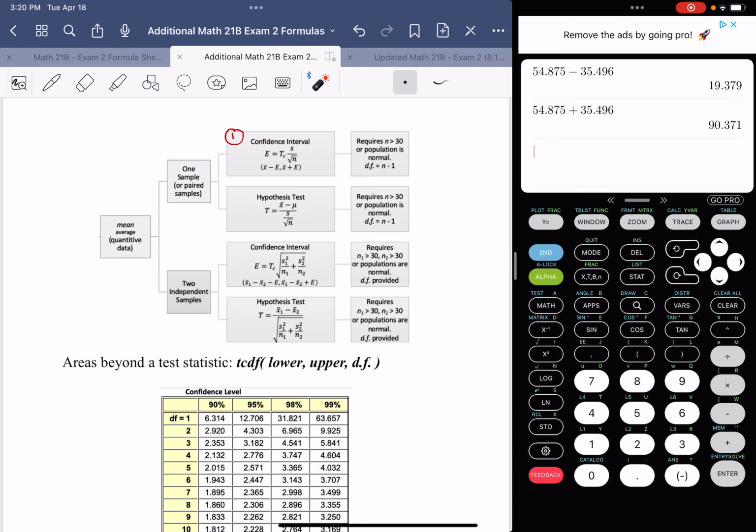The number of awards from 2017 has no influence on the awards of 2018, so they are independent. Good. Now ask yourself, did it explicitly ask for a confidence interval, or rather are we doing a hypothesis test? Hypothesis test, because it's asking us to test the claim. Since it says to test a claim, that's a hypothesis test.